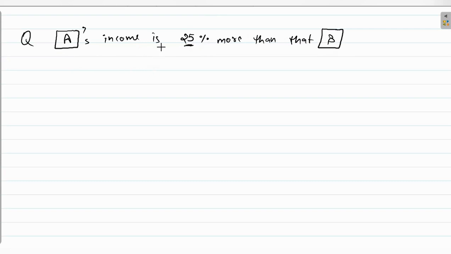So now we are sure that B's income will be less as compared to A's income. How much percentage is it less than that of A?